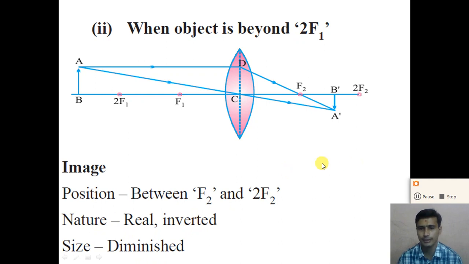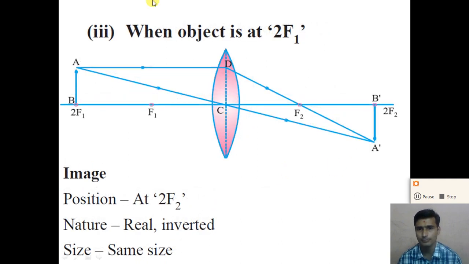So let us take the third ray diagram. When the object is at 2F1, or we can say when the object is at the first center of curvature. So if we place an object AB at the center of curvature, or at 2F1, to form an image of this object AB we require a minimum of two rays.